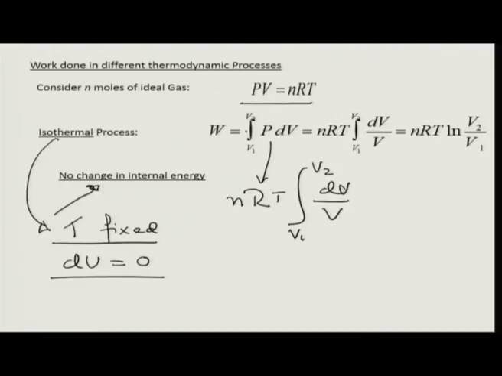All I have done is substitute for P: PV is equal to nRT, which gives me P is equal to nRT over V. If I substitute it back in this equation, I simply get this form, and now I can integrate from V1 to V2, which gives me this expression. So, in an isothermal process, this is the work done, and there is no change in internal energy.